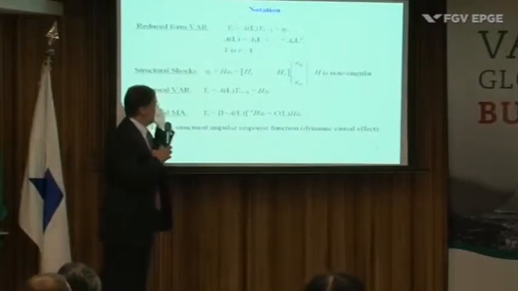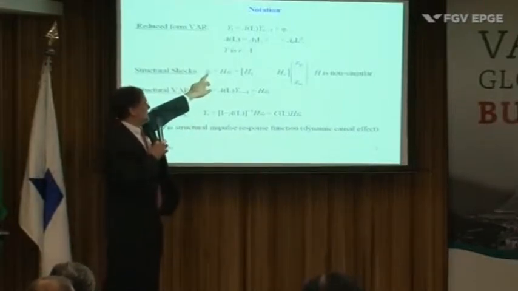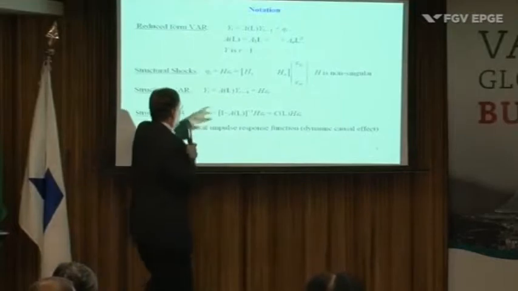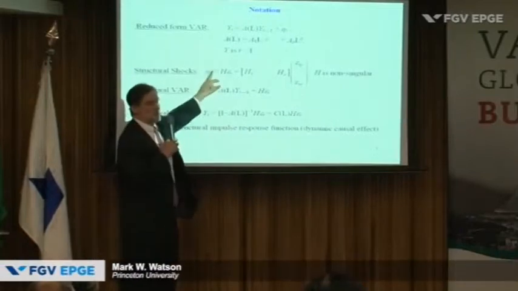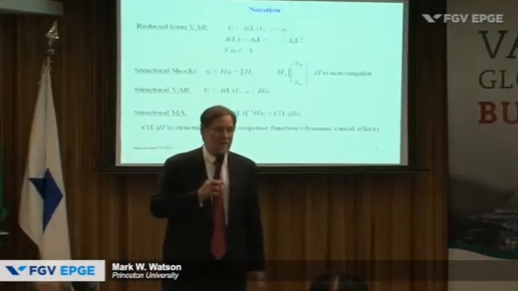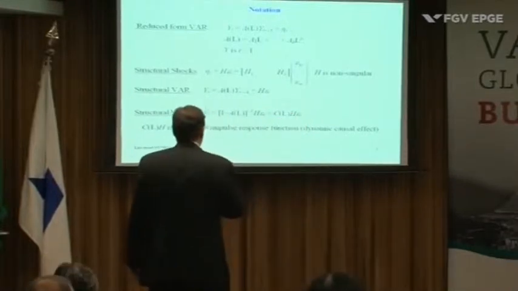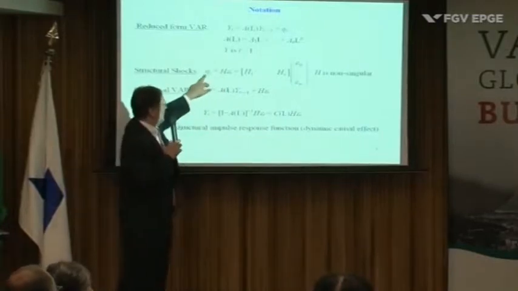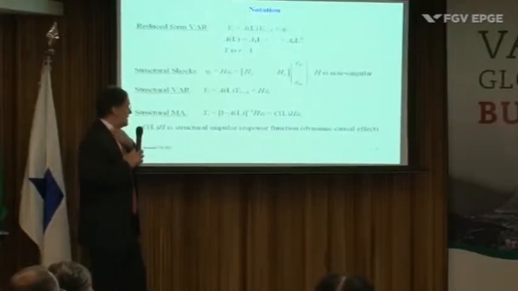Then the challenge is we're going to think about this model as being invertible, so we're going to think about these etas as depending on some structural shocks epsilon, through some matrix that we don't know, H, where H is going to be non-singular. So if we knew what H was and we had eta, we could get these structural shocks, and we could identify these monetary policy shocks or other shocks that Chris was interested in looking at this morning. So our challenge is going to be to go from the etas to the epsilons and compute the usual kinds of things that we want to compute in vector autoregression.